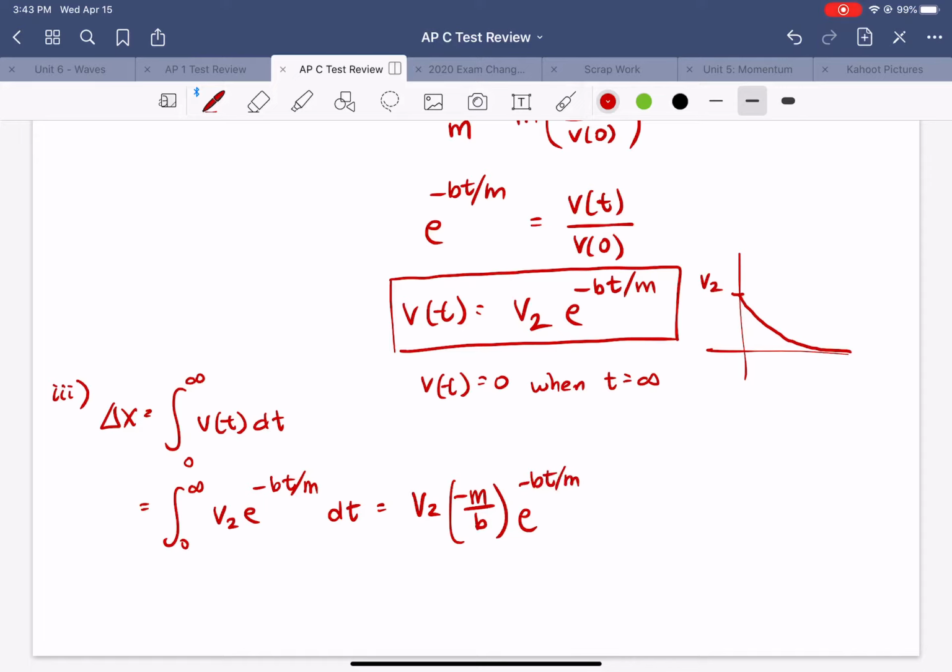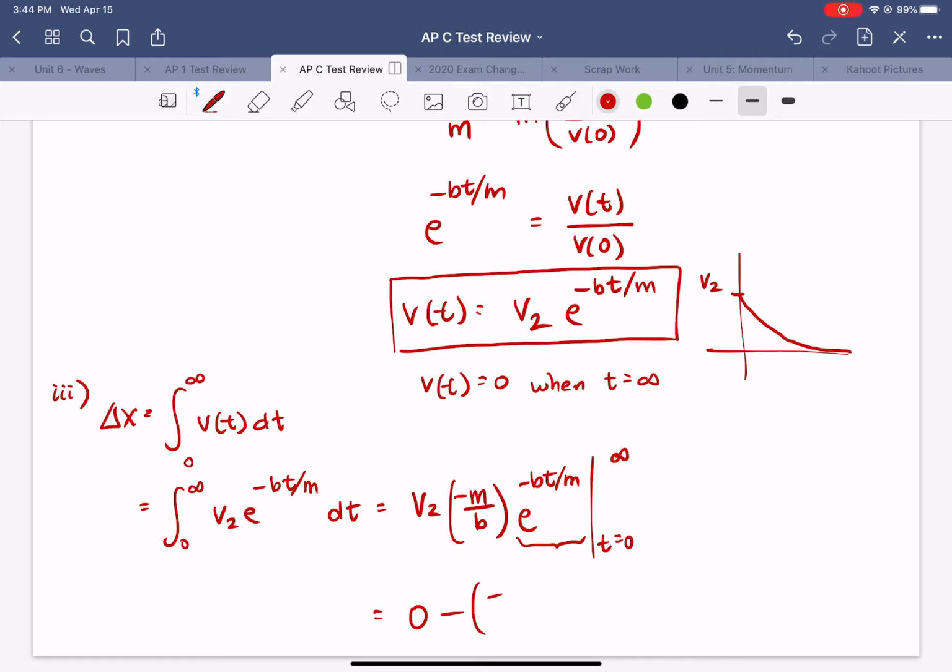So this is what we get when we integrate that expression, and we're evaluating that from t equals 0 to t equals infinity. All right, so when I plug in t equals infinity to this expression, I get 0 because the exponential term goes to 0, and then I'm going to subtract what I get when I plug in t equals 0. When I plug in t equals 0, the exponential term here is just equal to 1.